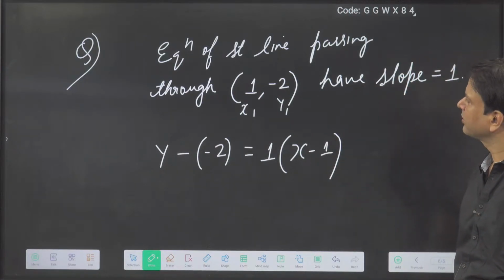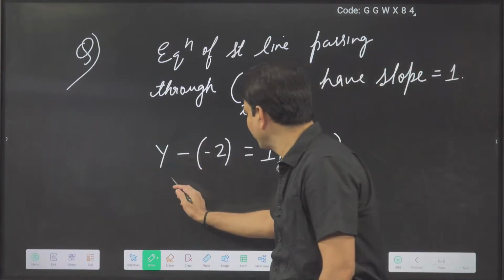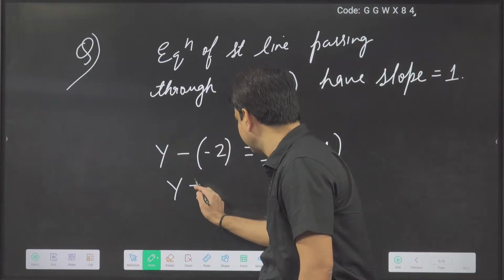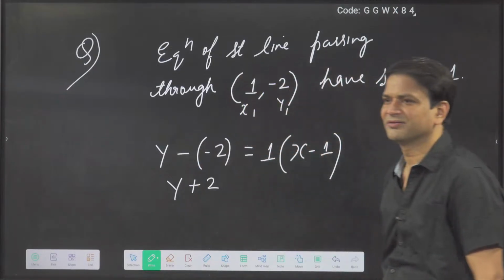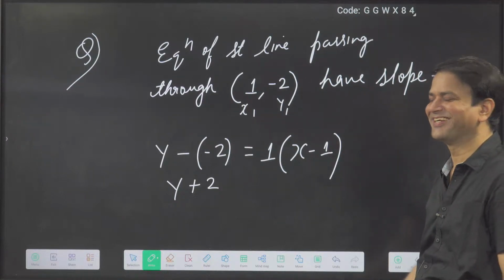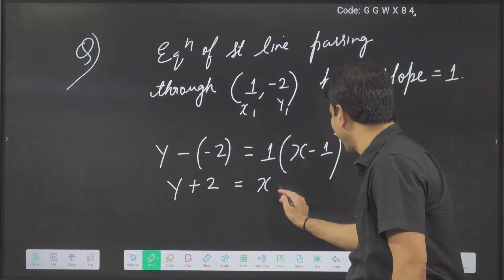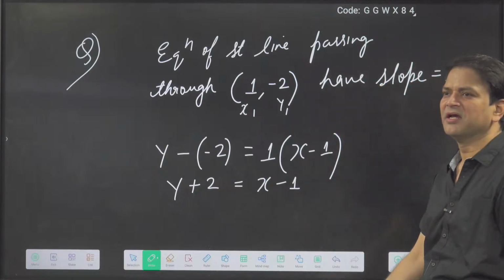What are the people doing? Why 4? So now y minus minus, plus, y plus 2. So they put 2. Now everybody start deleting. Okay, is equal to, then this is what? X minus 1. Okay. Now choice is yours.